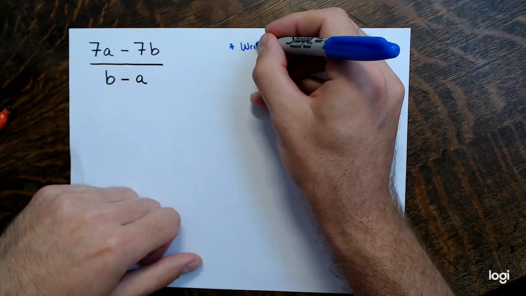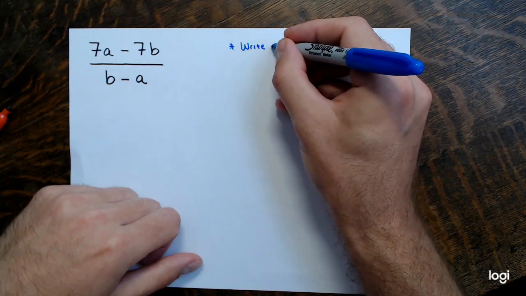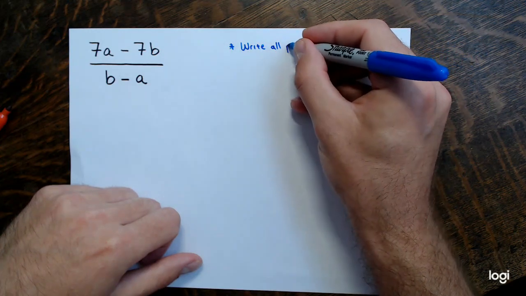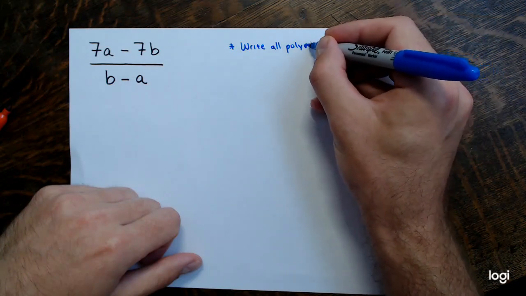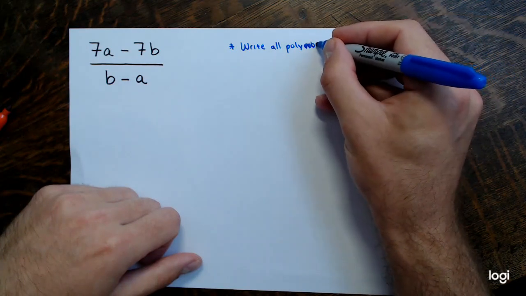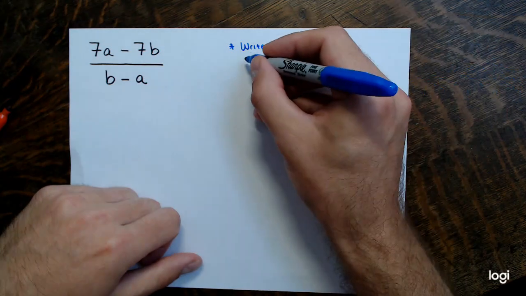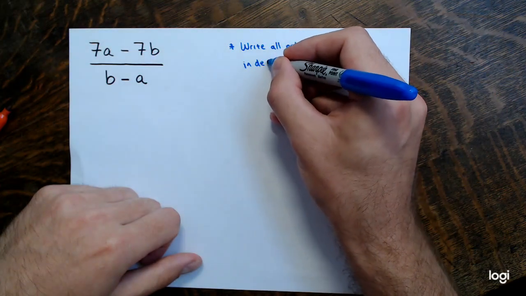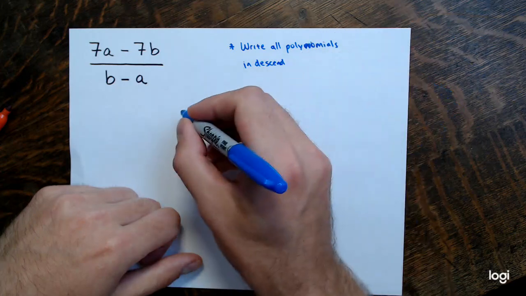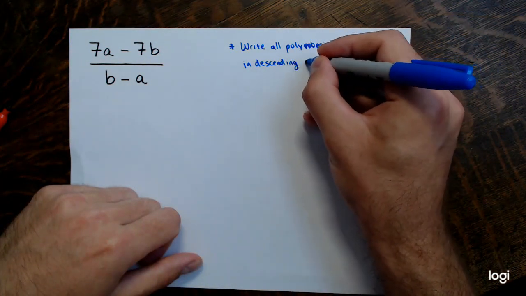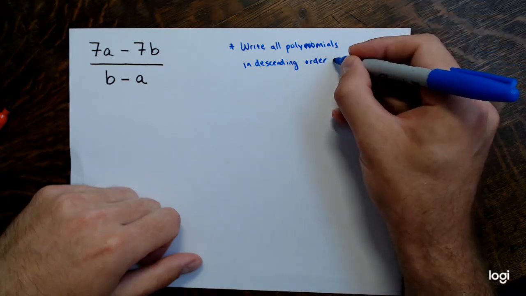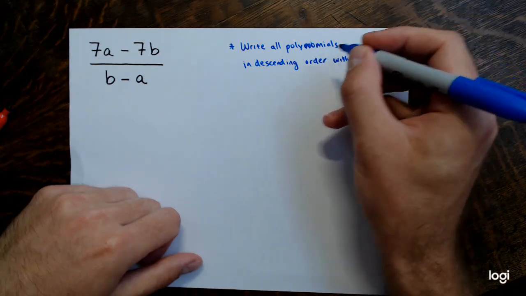I would write all my polynomials in descending order. Right, so highest powered term first, and then keep going down, with respect to the same variable.